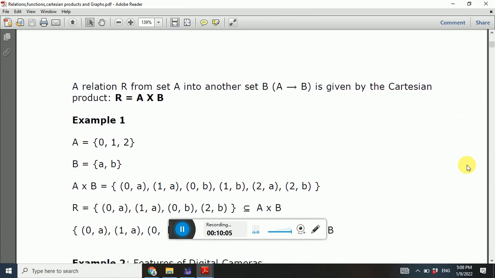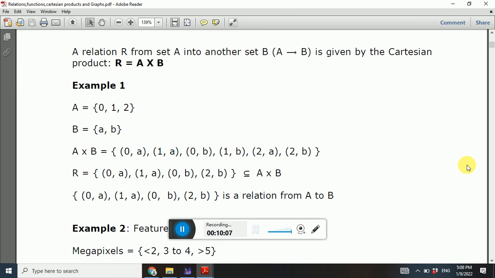So let's look at some examples here. We have a relation R defined as this, meaning we are putting together elements from set A and elements from set B. They have given us a set A consisting of the elements 0, 1, 2, and set B consisting of the elements a and b.